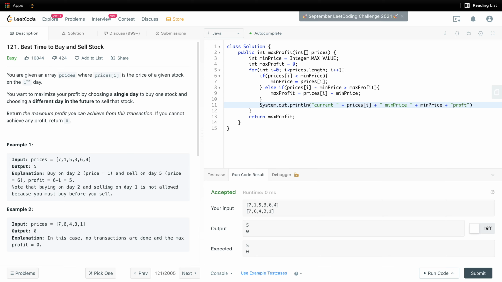So let's print two things, current profit, surrounded with brackets.